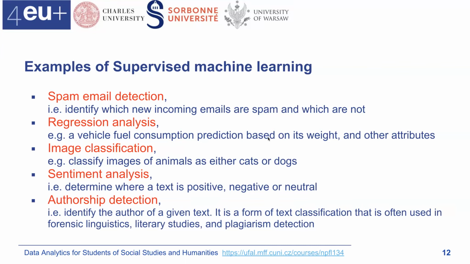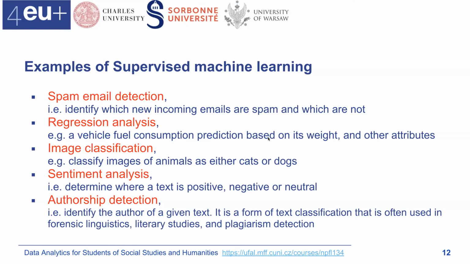And the task of authorship detection is to automatically classify a given text into one of several candidate authors, or to determine if a given text was written by a specific author.